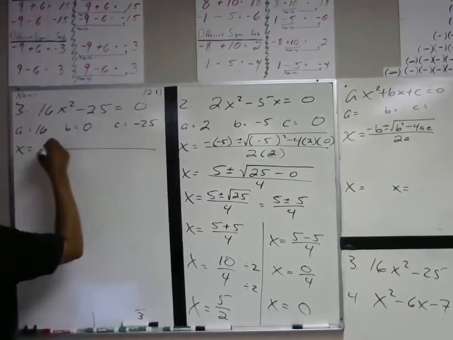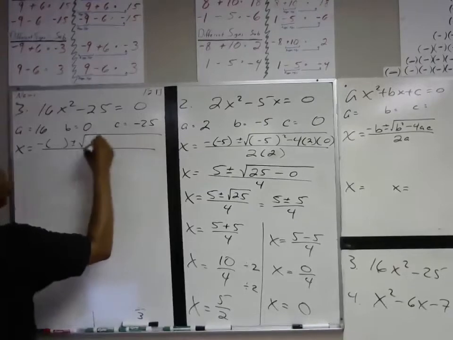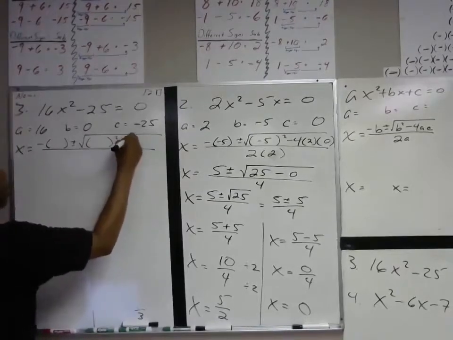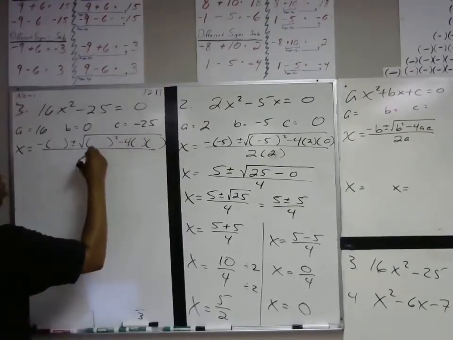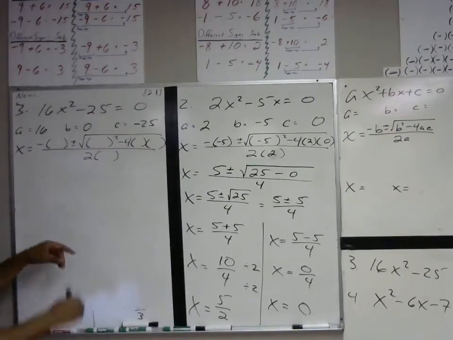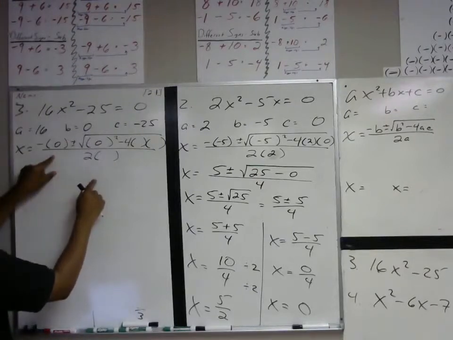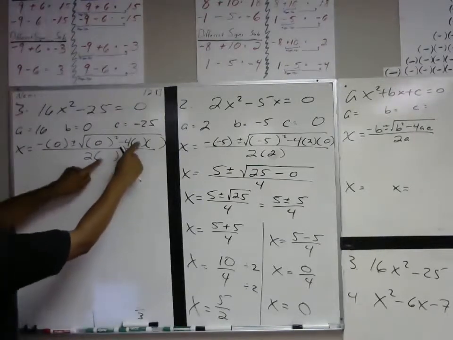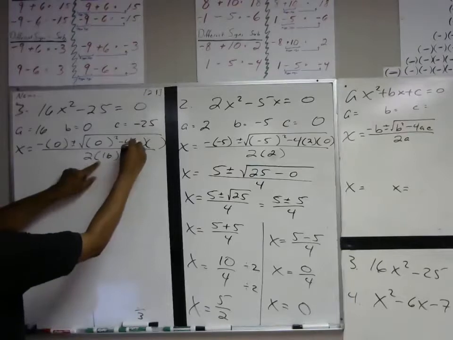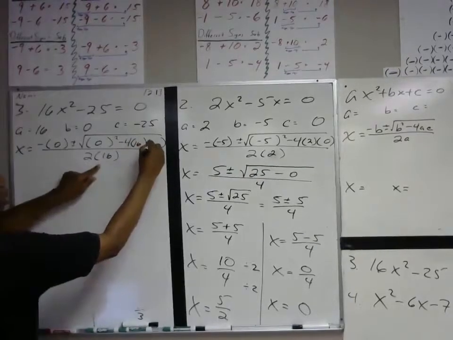Now let's put our values in: opposite of b, plus or minus the square root of b squared minus 4 times a times c, all over 2a. Okay, so b will go here and here, so 0 and 0. A will go here and here, 16 and 16. And then c will go here, negative 25.